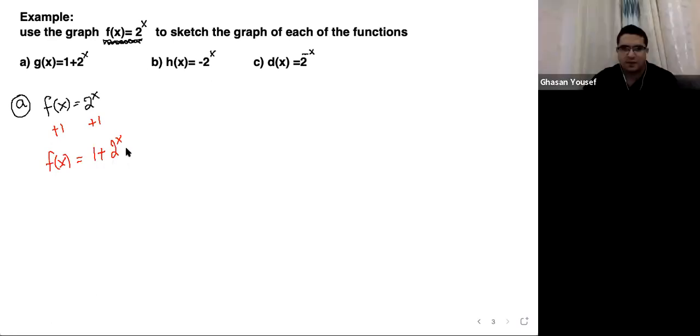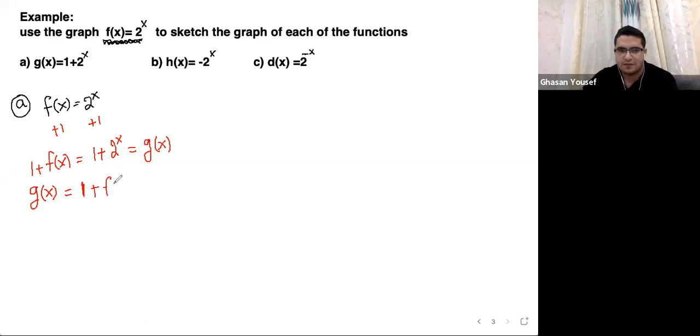Now to graph this function g of x, I can rewrite this as g of x equal 1 plus f of x. So the function g of x equal 1 plus f of x.